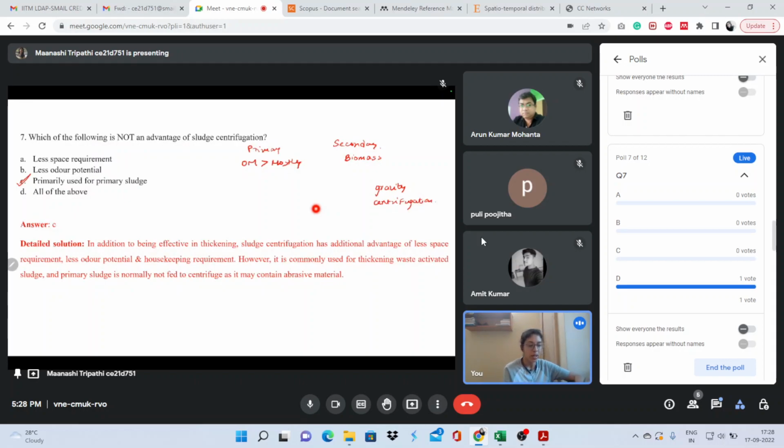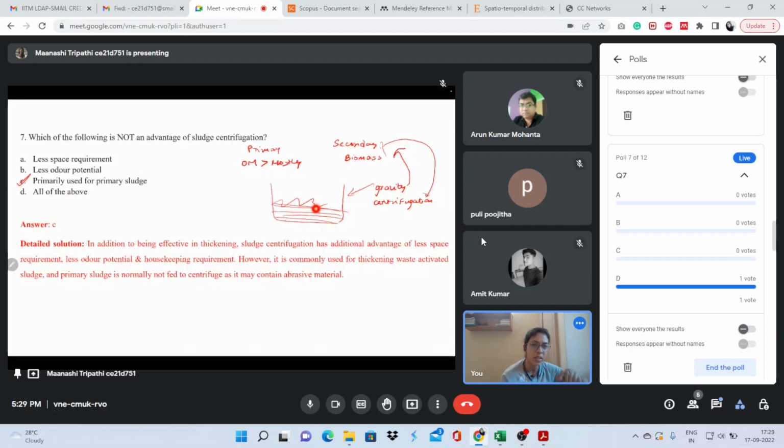If we do gravity separation for this secondary sludge, what will happen? There will be more biomass. The microorganisms are already there. And what happens in gravity separation? Everything settles down one above the other. So biomass, all these things are already there. So this may rise. It won't happen properly. That is why for secondary sludge we go for centrifugation.